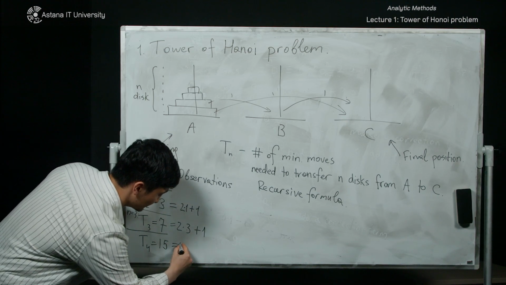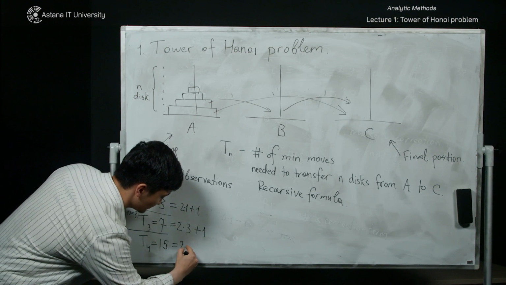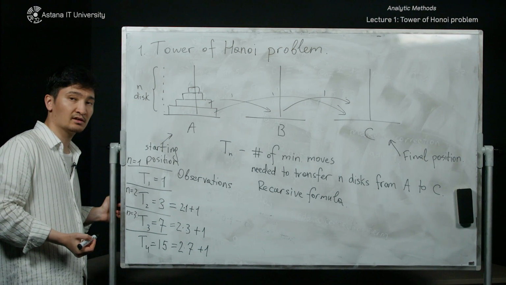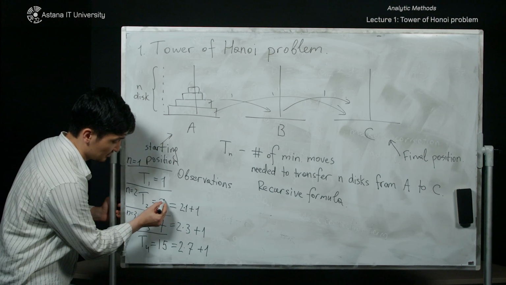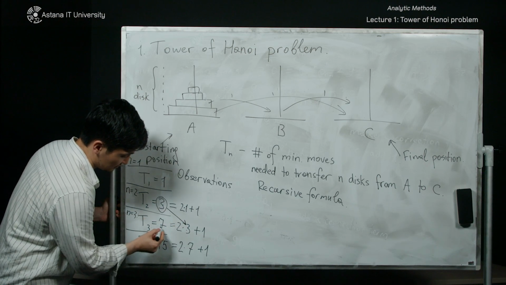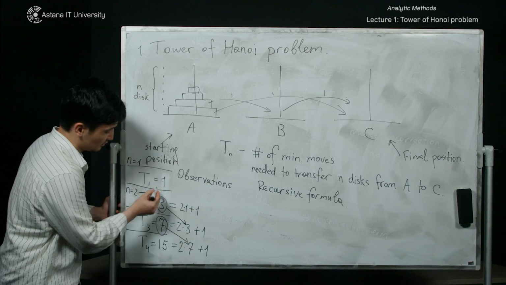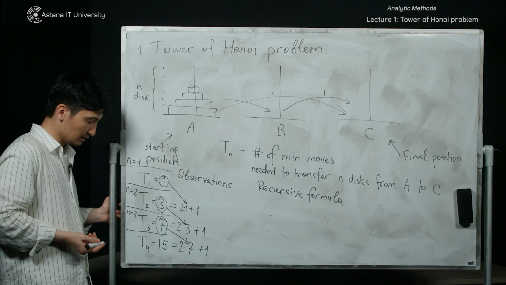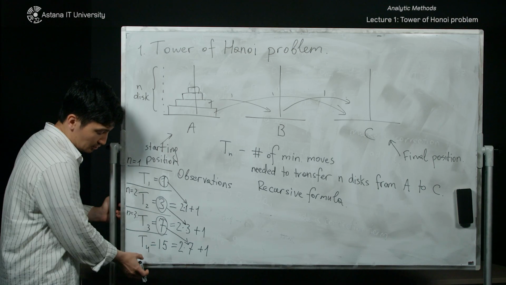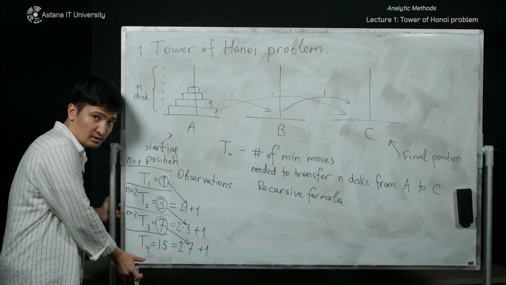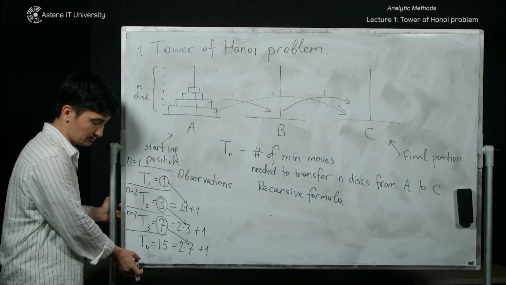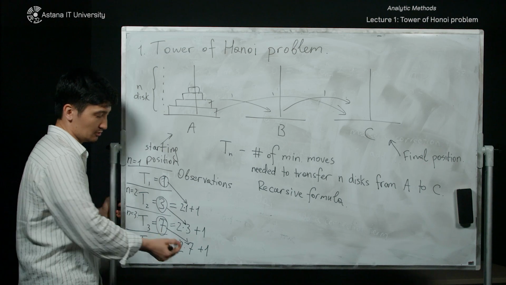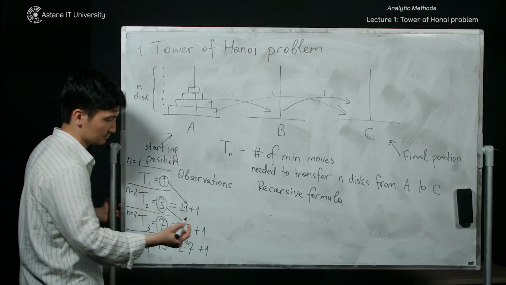Again, 15 can be written as 2 times 7 plus 1. There is a pattern: this 3 corresponds to this 3, this 7 corresponds to this 7, and this 1 corresponds to this 1. If you want to check it, you can come up with a couple more observational data, T5, T6, T7, and see that the pattern holds.